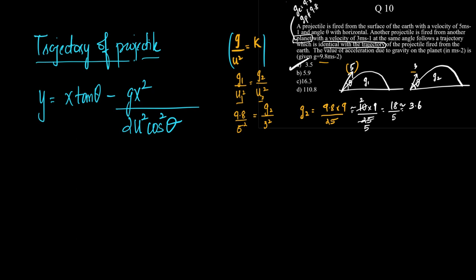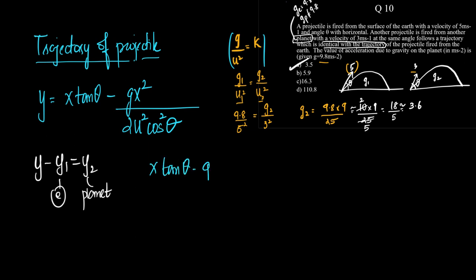Now we need to apply y in two cases, y1 and y2, where y1 is on Earth and y2 is on some other planet. But we've been given that the trajectory is identical, which means y1 is equal to y2. Now what is y1? y1 is x tan theta minus g x square the whole upon 2 u square cos square theta.